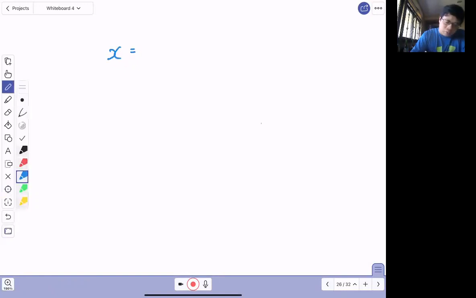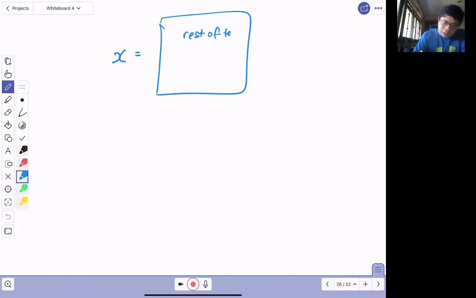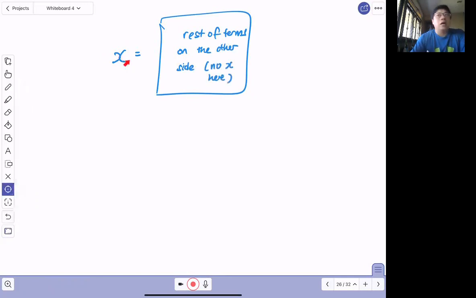The rest of the terms are on the other side, and there is no x there. It's as though you want to isolate the variable x alone on one side of the equation. This is what we call making it the subject. It's as though this guy is going on stage, he's the only one talking, and everybody else is sitting below the stage. 11 participants raised hands.